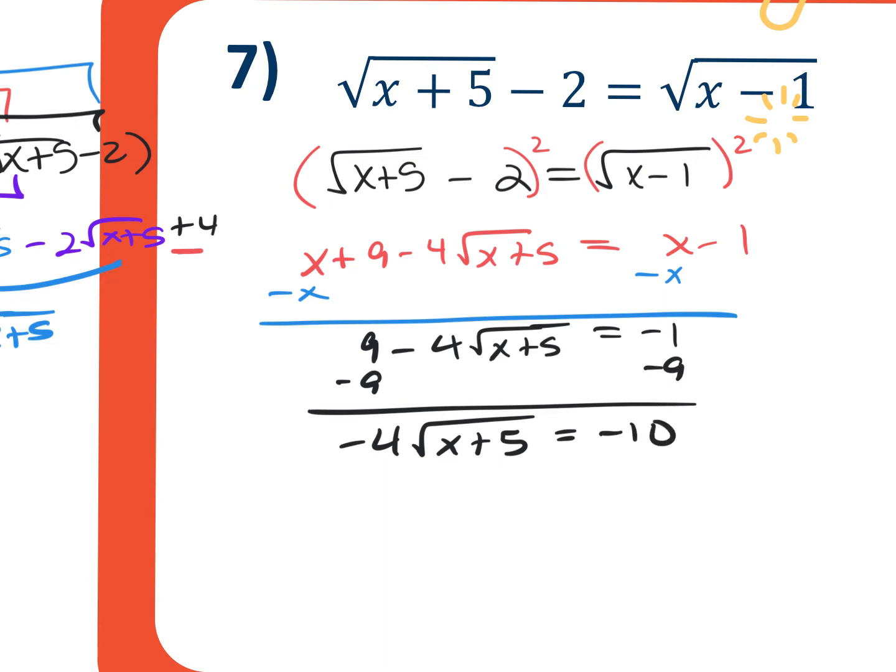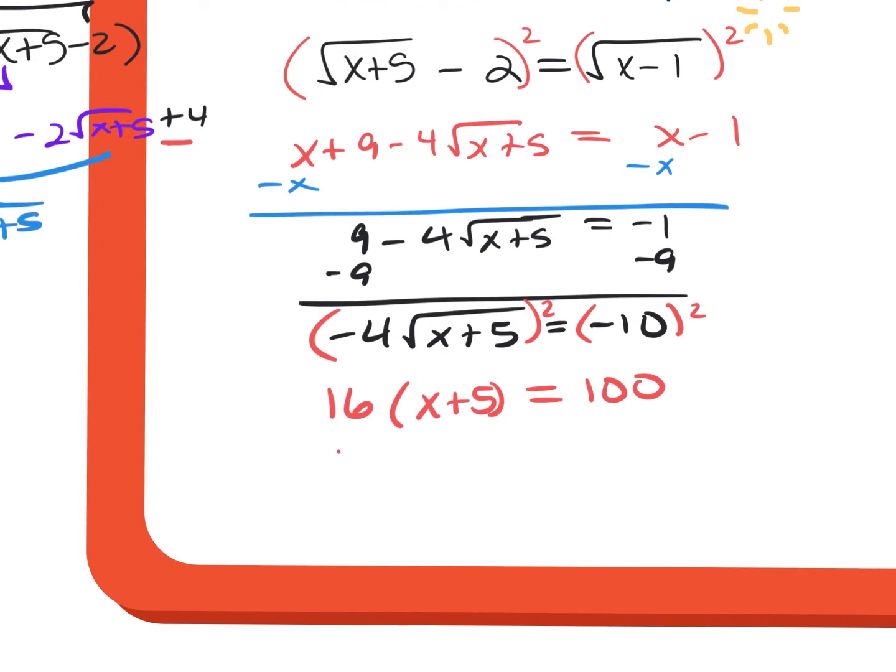Now what I need to do is get rid of the radical. So I'm going to square both sides. So I'm going to square the negative 4, which makes it become positive 16, and then the radical disappears. And then I have to do negative 10 squared, which gives me 100. I'm now going to go ahead and distribute, and I get 16x plus 80 equals 100.